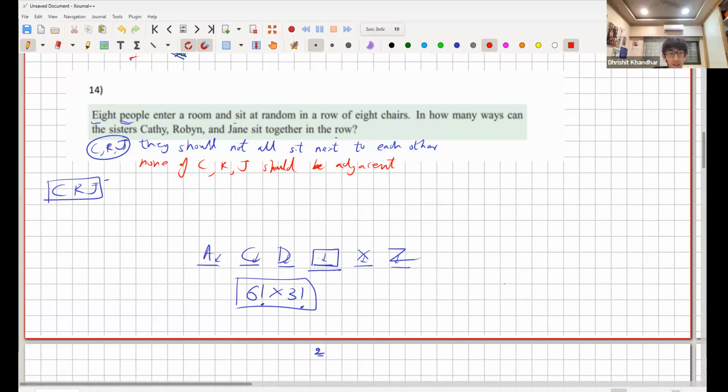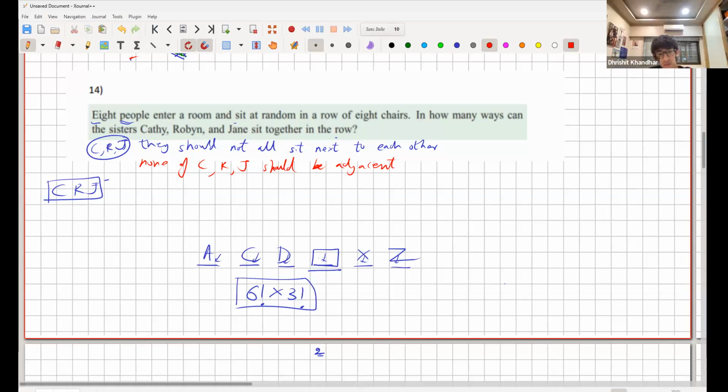Again, over here, wouldn't it just be the same thing, but then you subtract both the answers we got previously? Which both answers? The one where all 3 of them are together, and the one where only 2 are together. No. The one with all together was 6 factorial times 3 factorial.